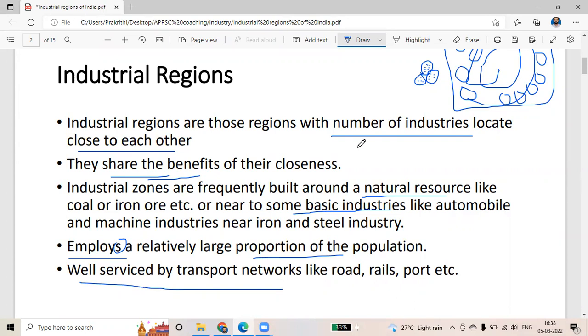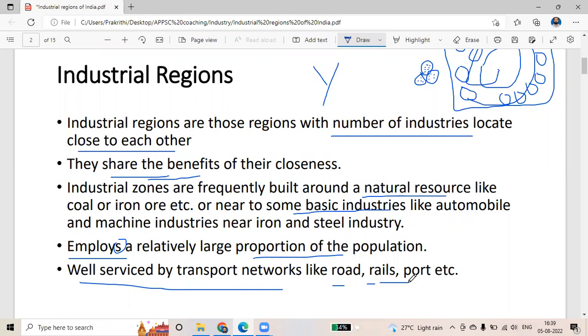When we discussed the factors influencing industrial location, we talked about transportation, mainly in the junction zones where road, rail, port and airways all meet. So they have a lot of connectivity for transporting material or final goods from the industries. These are the major characteristics of an industrial region.